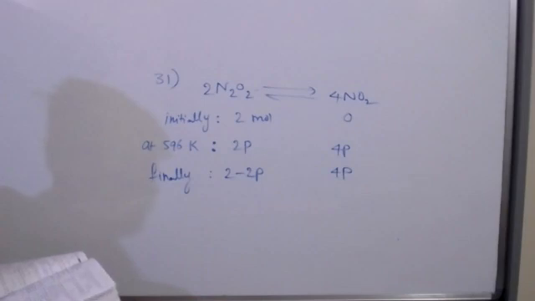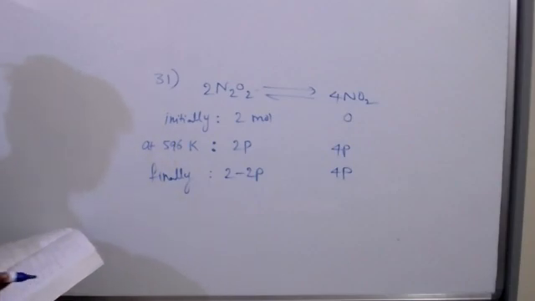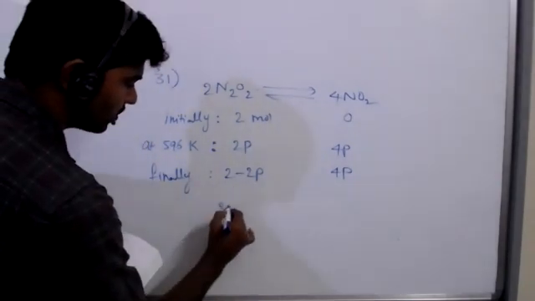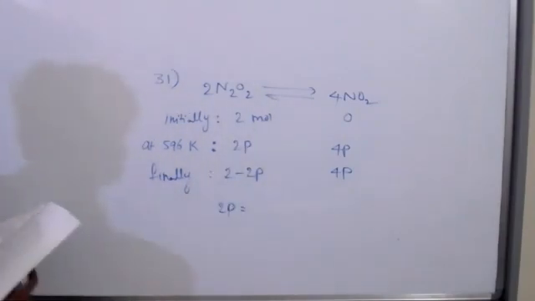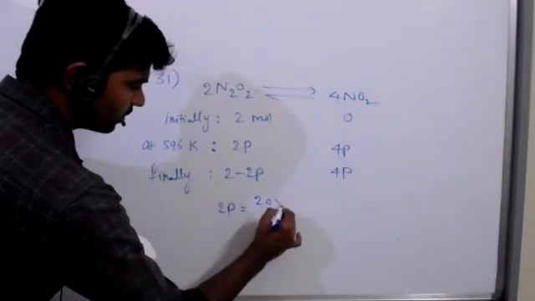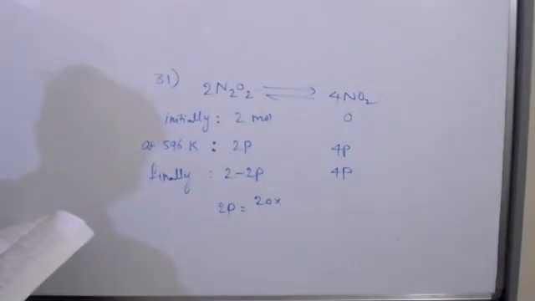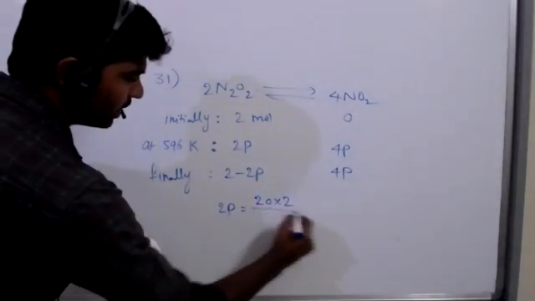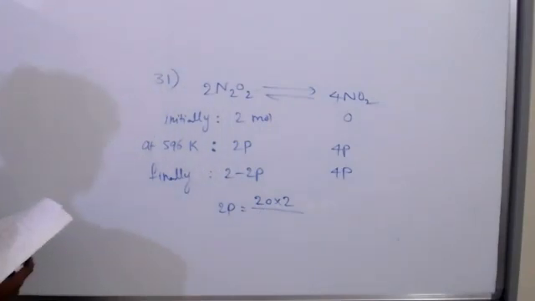So here 20% by mass of N2O4 is decomposed. So that means 2P. How much amount of 2P is N2O4 decomposed? 2P is equal to 20%. 20 into 2 moles divided by what is the molar mass of N2O4?